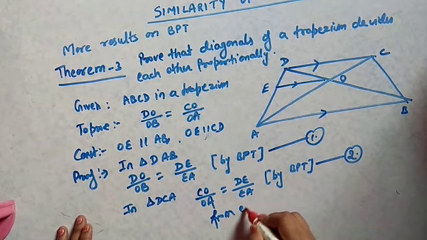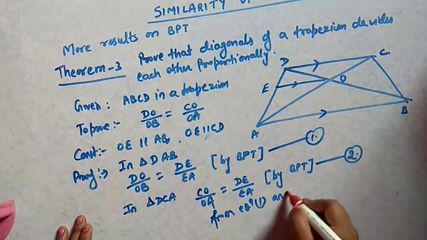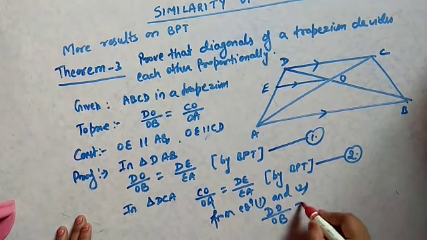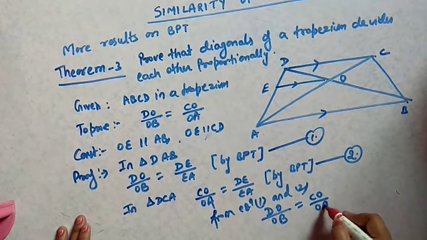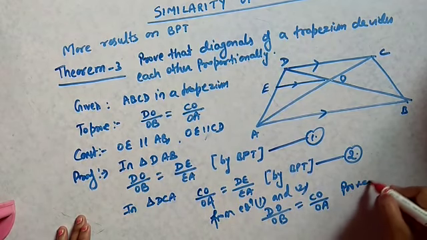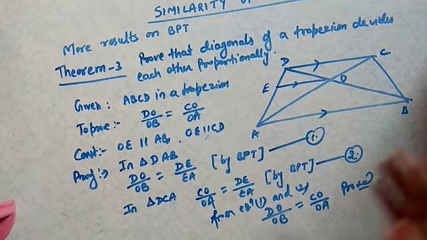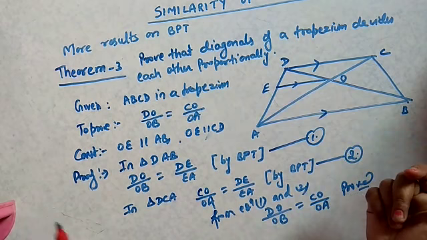So from equation 1 and 2, DO by OB equals CO by OA, proved. Whenever it's given that we have a trapezium, we can use this result that the diagonals divide each other proportionally. You will get so many questions in the exercise based on this theorem.